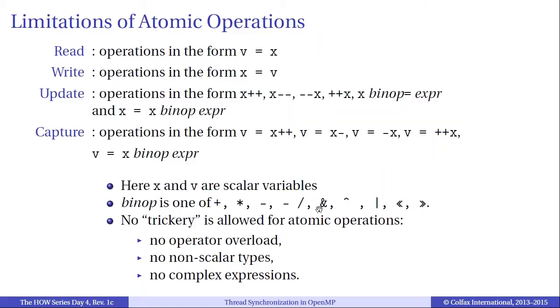You can also do bitwise logical operations on these scalar variables. You cannot overload one of these operators and expect that a complex program will be correctly protected by an atomic mutex. This is really just for atomic updates on scalar variables.